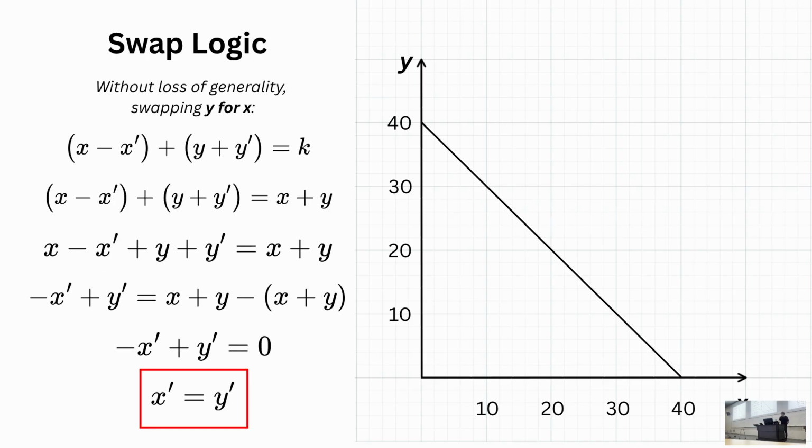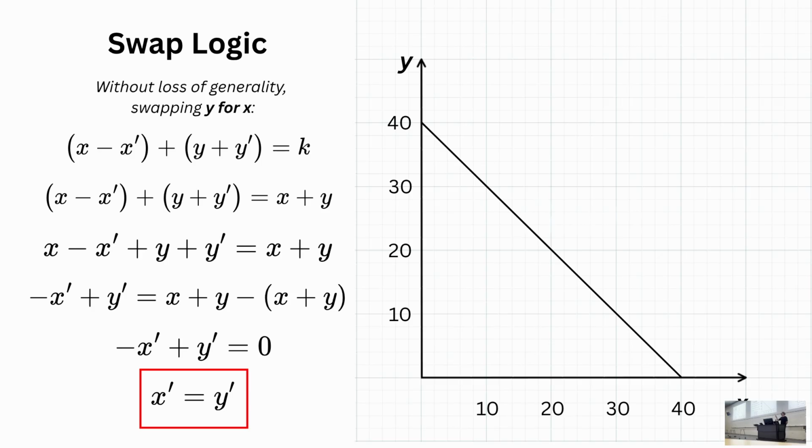But the interesting part about this swapping mechanism is that if you actually try to isolate x prime and y prime, you're going to find out that x prime and y prime are always going to be equal to one another.